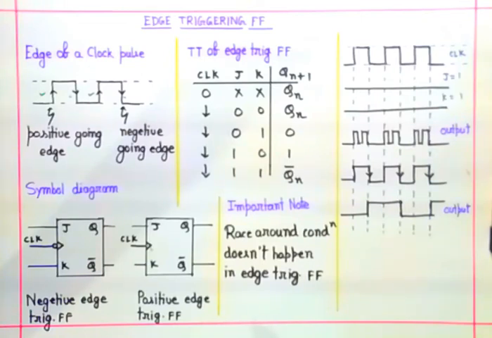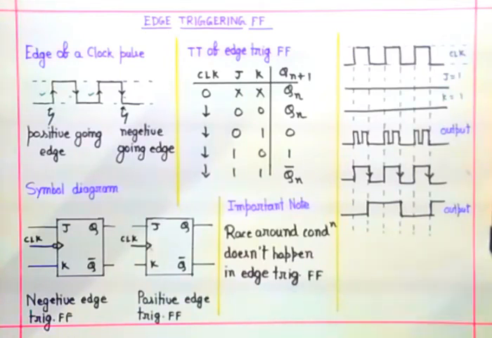That was the first process to remove the race around condition, and now you know that the second process is to use edge triggering flip-flop. It may be positive edge triggering or negative edge triggering to remove the race around condition.